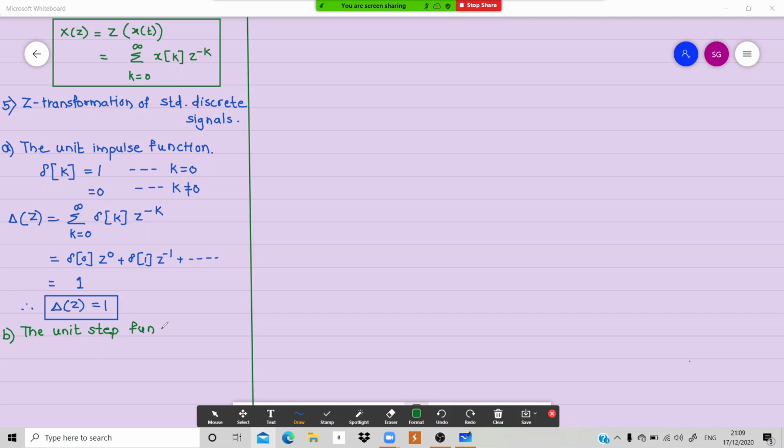Now you know unit step function means from 0 to greater than that it is going to be equal to 1. So I'll write u of k is equal to 1 for all those k's which are greater than or equal to 0, and it is going to be equal to 0 for all k less than 0.